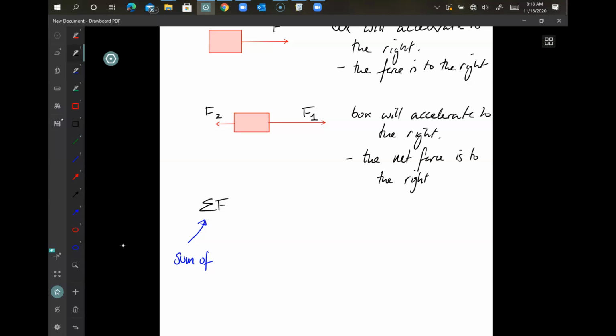And you might think initially, well, hang on, sum of the forces would mean F1 plus F2. That would just be adding the length of those 2 arrows. That's not going to give me something that I'm going to be able to use. Your instincts tell you that in a tug-of-war situation, what you really need is F1 minus F2 to give you the size of the overall force to the right.